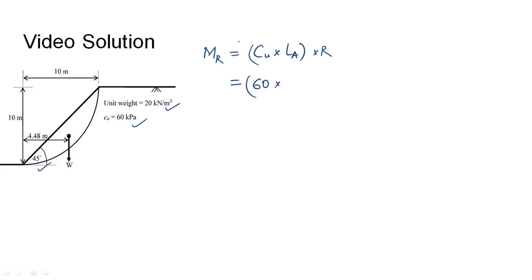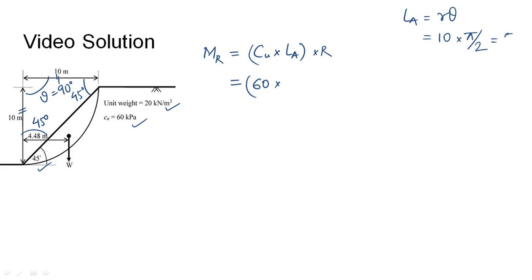Length of arc can be found out using the relation r theta. So here the radius is 10 meters and theta would be this angle. So here theta can be seen as 90 degrees since this side and this side are equal, and here it is 45 degrees, so this will be 45, this will be 45, so the third angle will be 90 degrees. So converting theta, that is 90 degrees, into radians, we would get pi over 2.